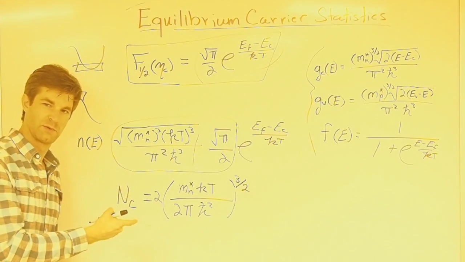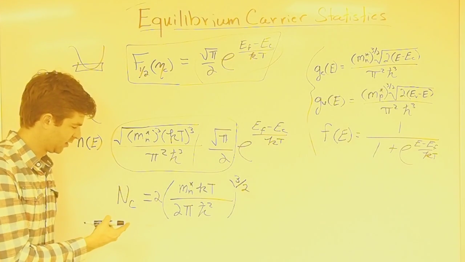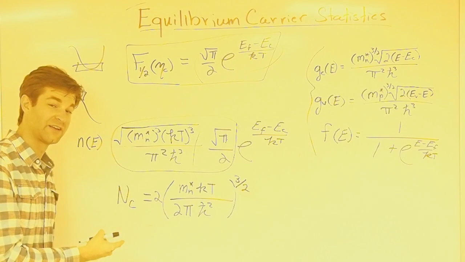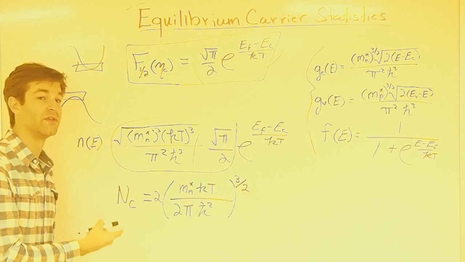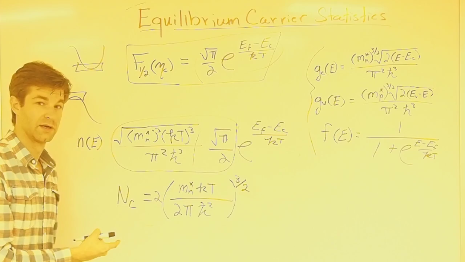That should maybe be familiar to you. N_C is referred to as the effective density of states of the conduction band in a semiconductor.